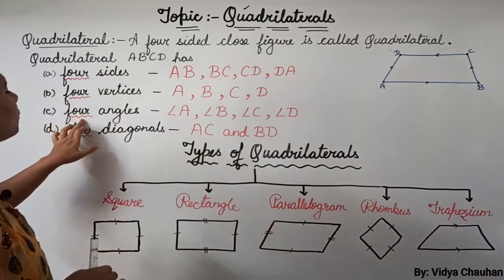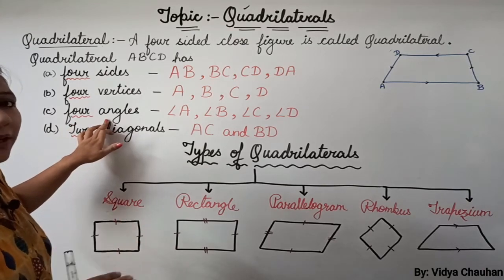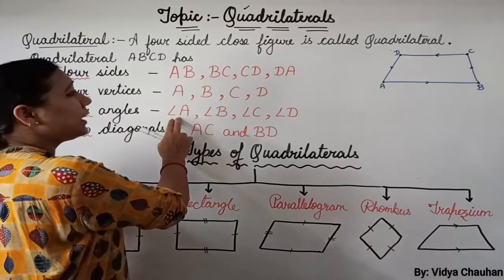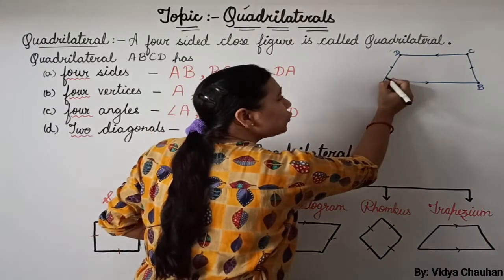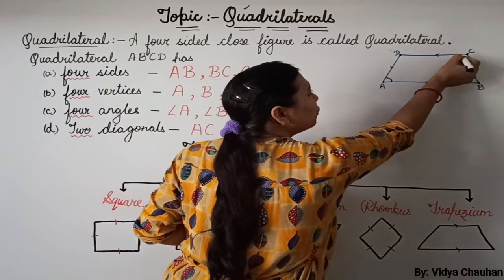Then a quadrilateral also has four angles. And what are the angles? An angle is the portion covered by two line segments or two rays.